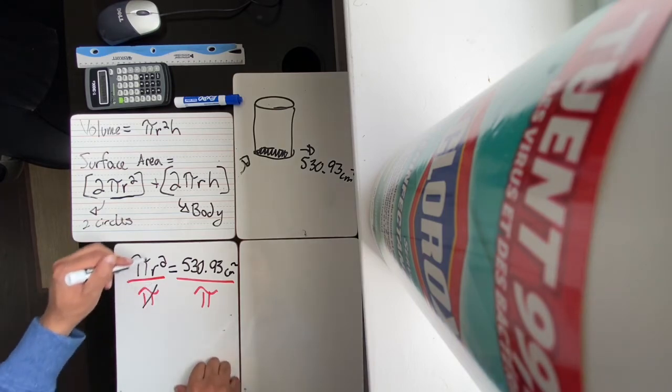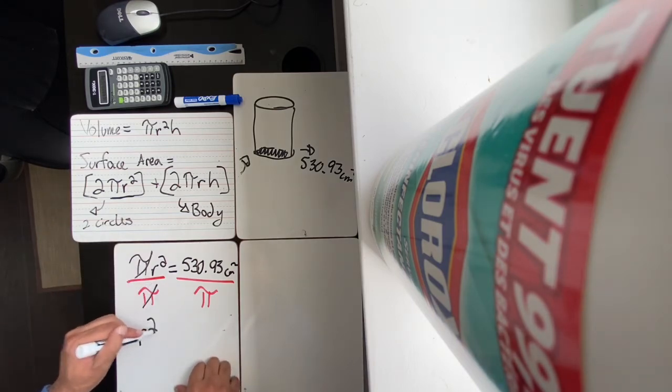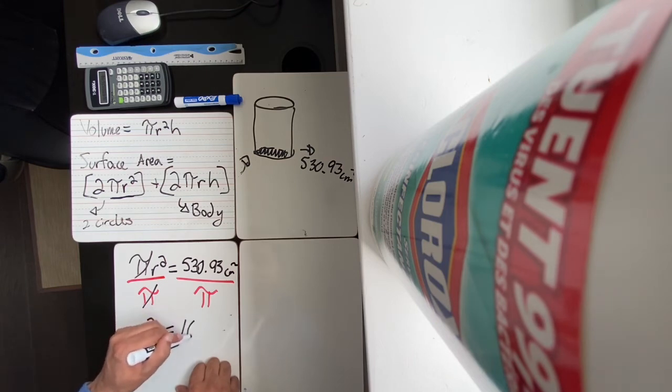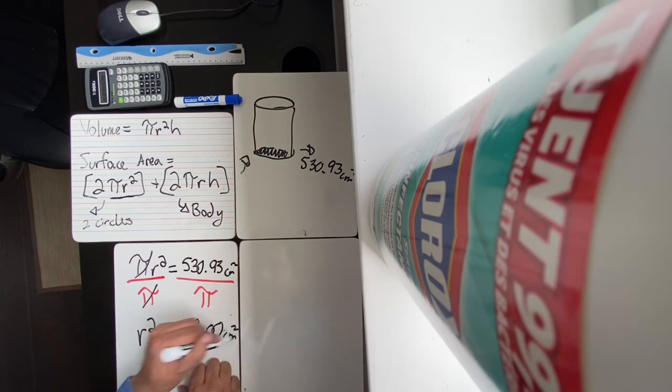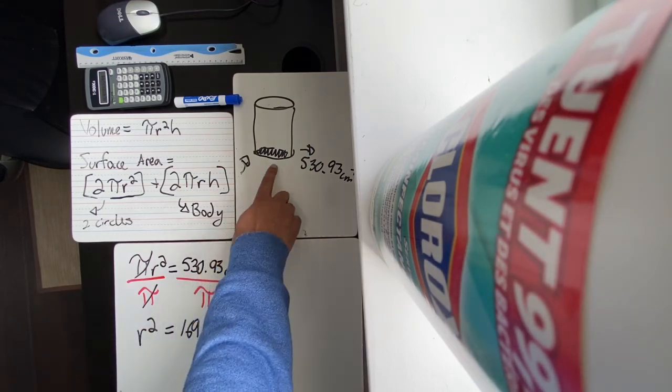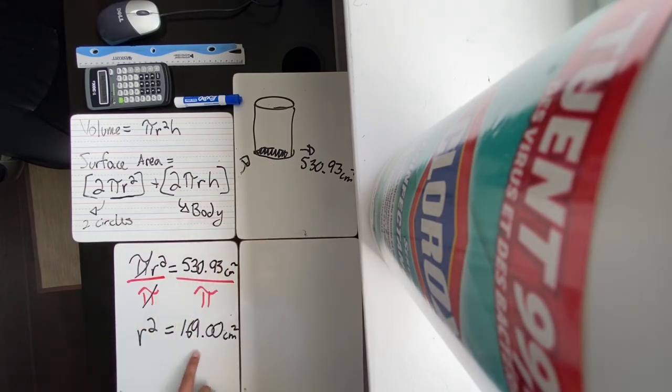So the pi's are gone. R squared is what we're left with, equals 169.00 centimeters squared. Does that mean that this radius is 169?